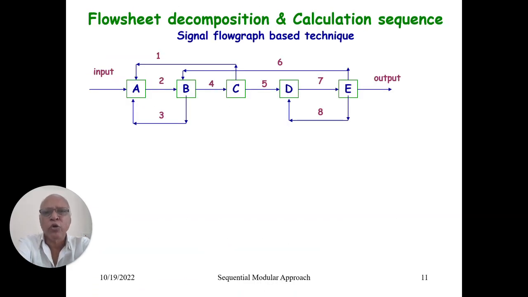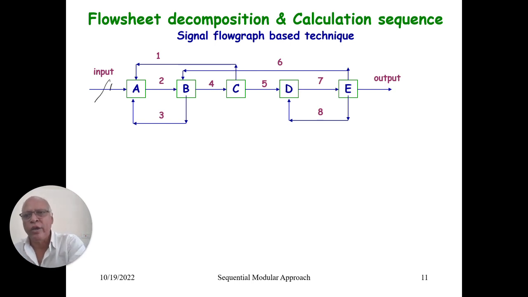Now I have this flow sheet. As I said, in any sequential modular approach, given the inputs, equipment parameters and operating conditions, we need to calculate the outputs. So do you think input or output, can it be a tear stream? No. As per the definition or as per the characteristics available in your sequential modular approach.